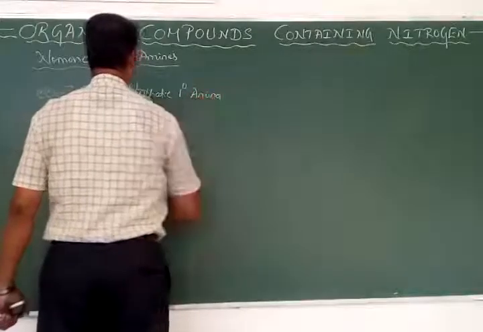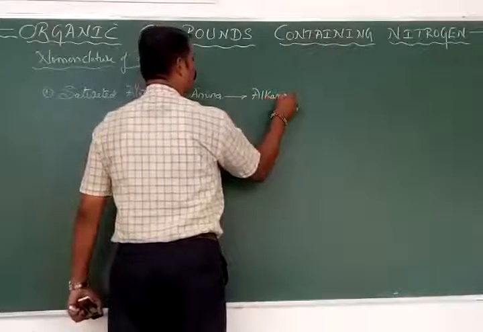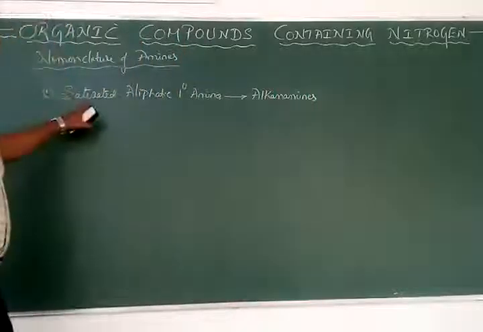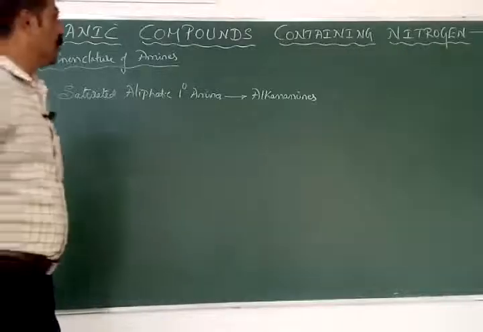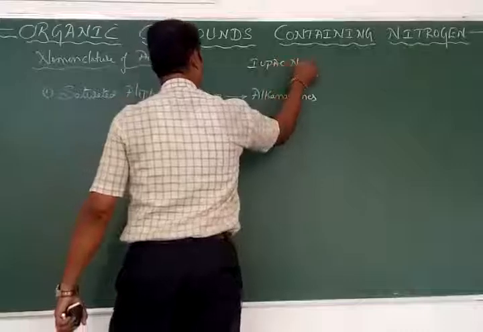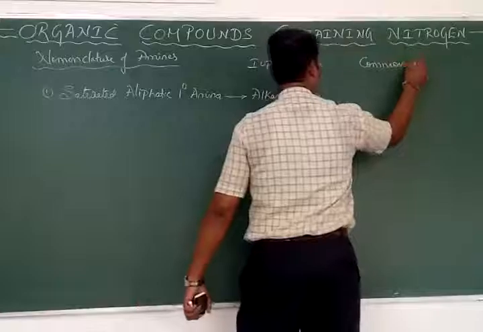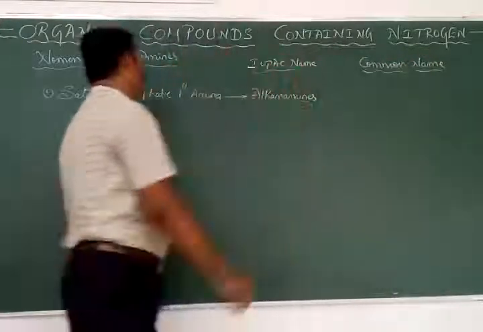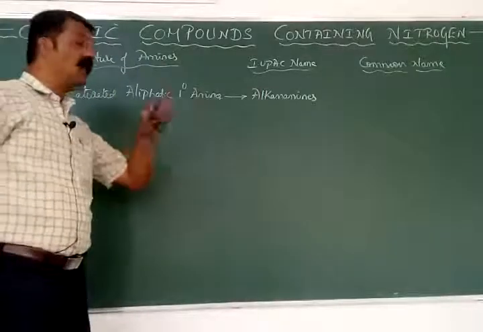It is named as alkanamines. It is strictly the saturated aliphatic primary amines only. Let us mention this as the IUPAC name, and this as the common or trivial system. Make that very clear first. If it is the saturated aliphatic primary amines, then it is named as alkanamines in the IUPAC system.